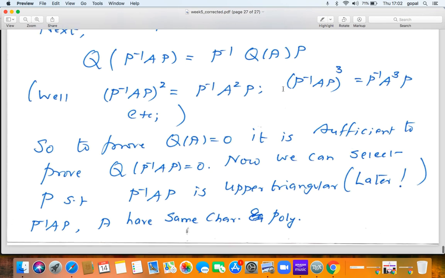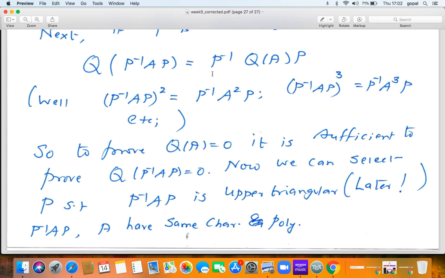Now, we are going to prove later that given any matrix whatsoever, I can find a matrix P such that P inverse AP is upper triangular. And P inverse AP and A have the same characteristic polynomial.